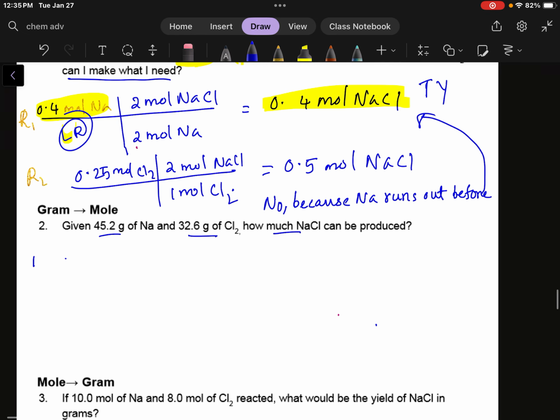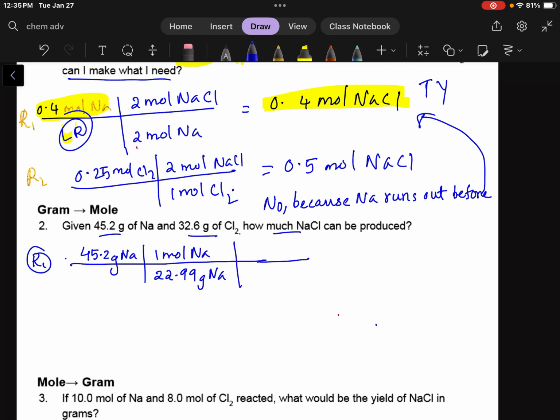Okay, let's start from reactant 1. Start the T chart, which is 45.2 grams of sodium, and you will write the molar mass of sodium: 22.99 gram of sodium is 1 mole of sodium. Now we have to find the mole ratio.